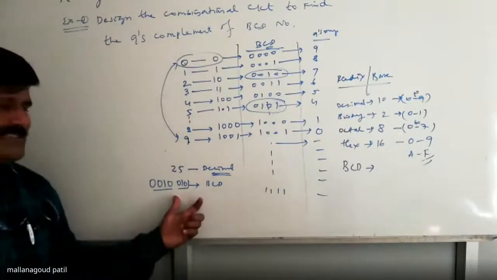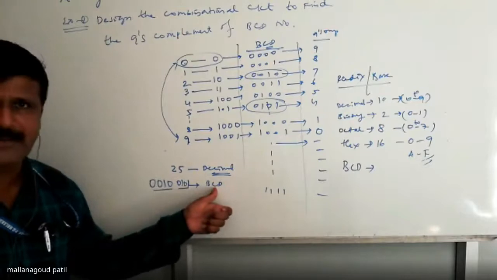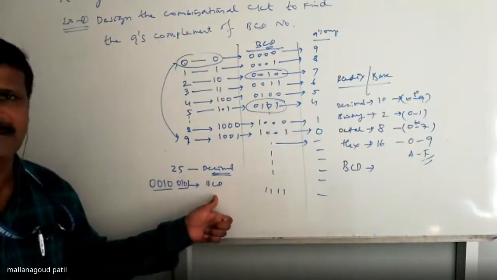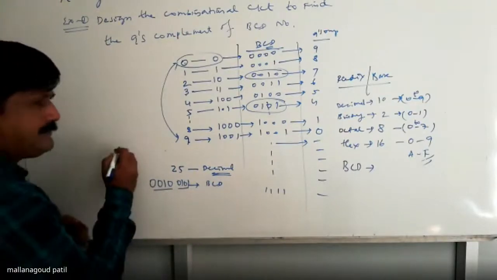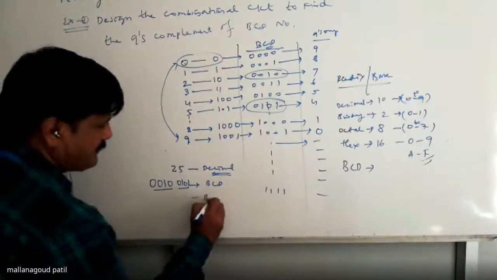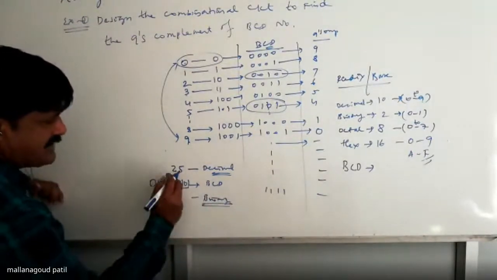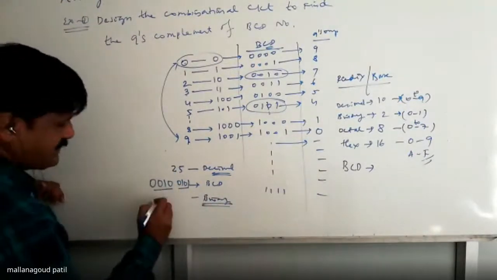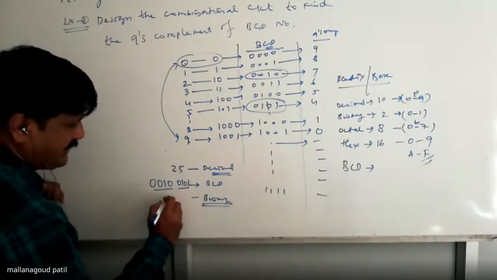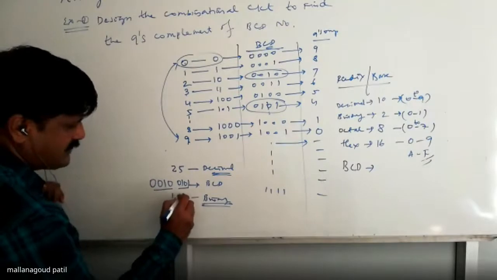Example is here only. See here, decimal 25. I represented it in binary fashion and in BCD fashion. Binary representation will be, first you take 16 plus 9, so 16 and 9, 1, 0, 0, 1.